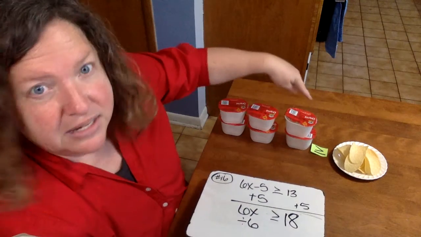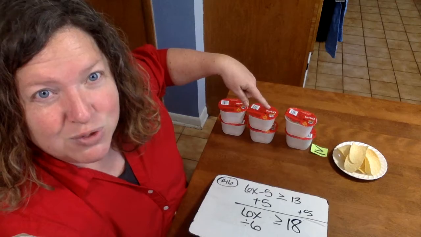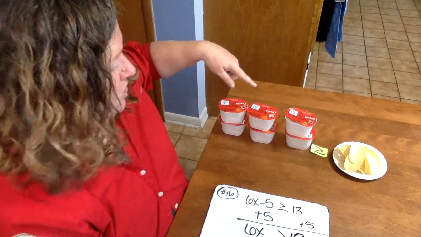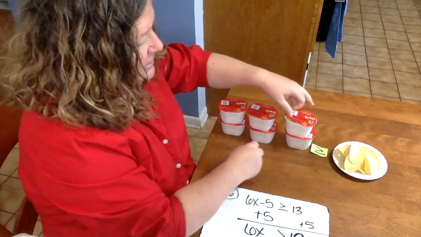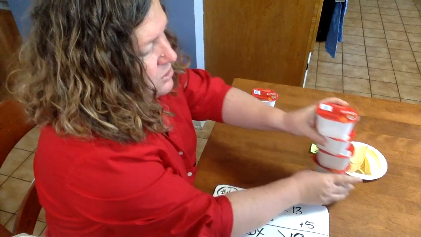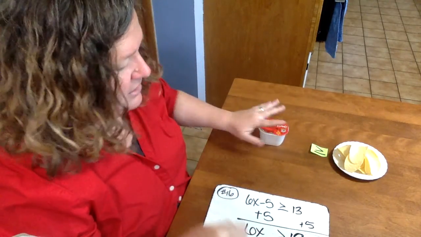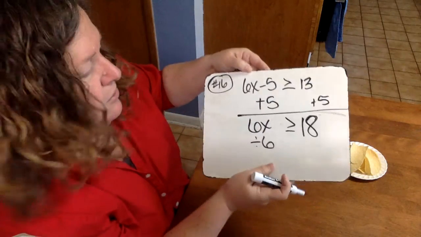What's 6x divided by 6? Just one mystery group, isn't it? So we're going to divide by 6 and get rid of all of these other things. We're going to divide it into 6 different groups and get rid of those.